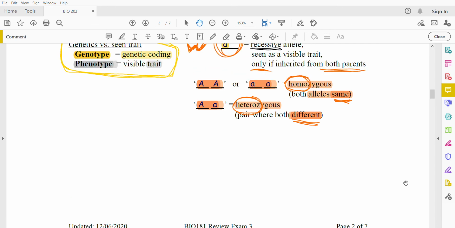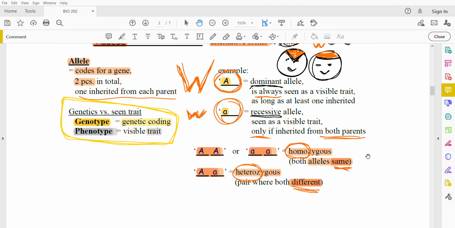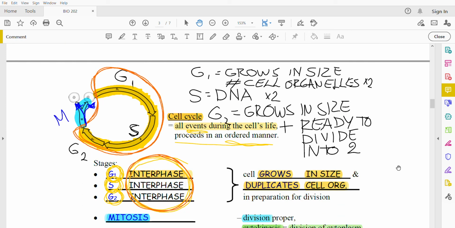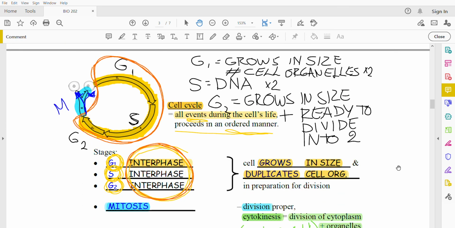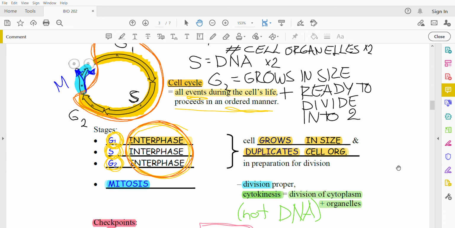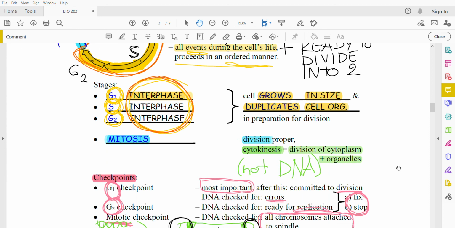I will ask in the exam about the homozygous and heterozygous alleles, so you know, homozygous, two of the same, heterozygous, different ones. In terms of the cell cycle, I think that it's likely that you will get questions about that. You remember most of the time is in the interphase, mitosis was a short period of that, but an important period.